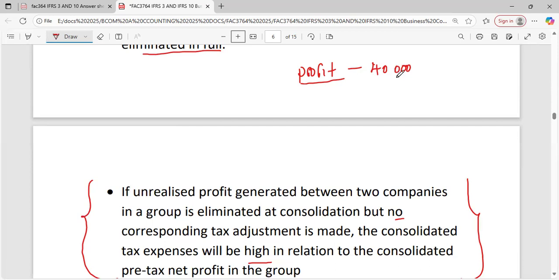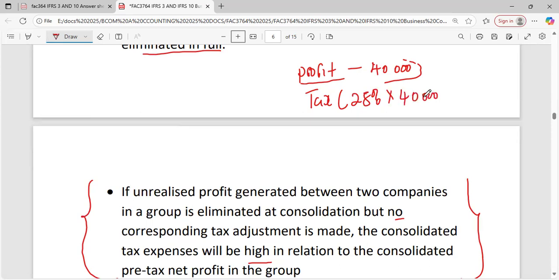So the time you go and do your intra-group elimination and eliminate 40,000, it also means that you should eliminate the tax, which is 27% times 40,000.